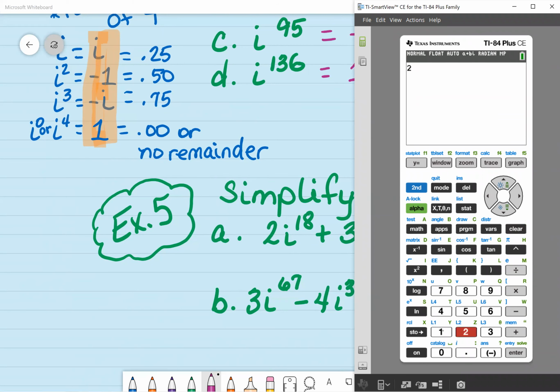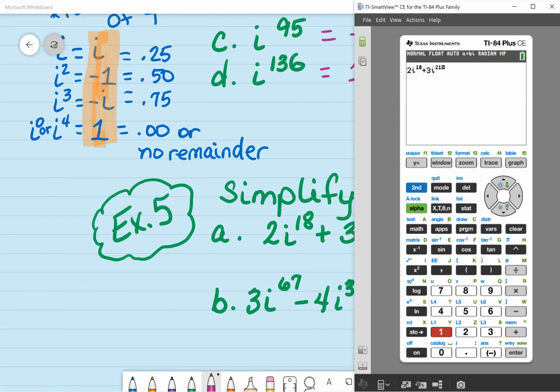I have 2i, and again, a second. 2 second, and then a decimal. 2 second decimal. There we go. And then I want to raise that to the power of 18. At this point, it's still an exponent, so you want to move it over by hitting the right arrow, plus 3, and then it was i to the 21st.